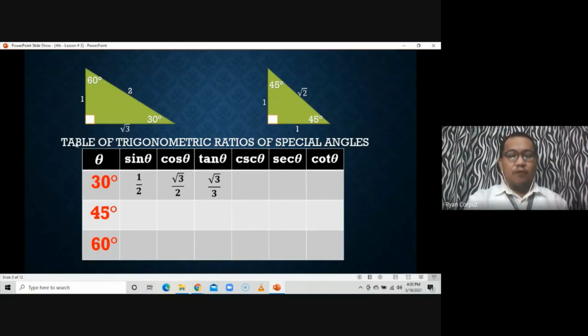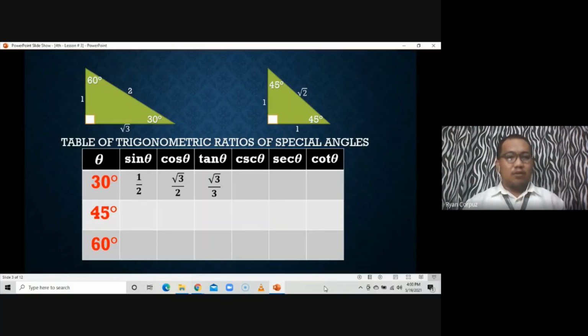Once you know the first three trigonometric ratios, you can already find the last three. When we discussed the six trigonometric ratios, the last three are the opposites of the first three.